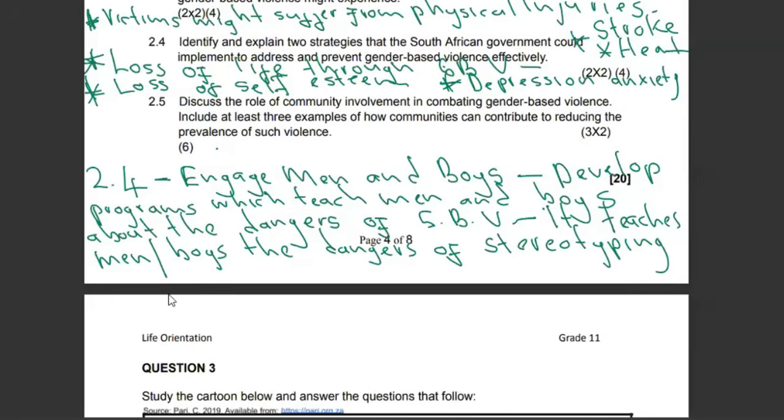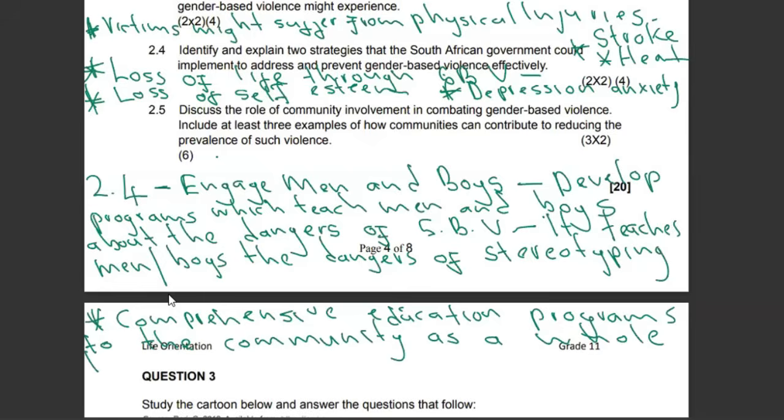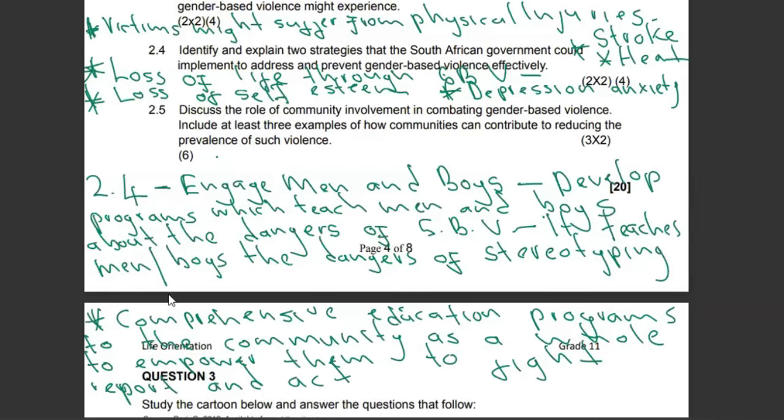Then in addition to that, we can also provide comprehensive education programs to the community as a whole, to empower them to fight, report, and act against gender-based violence. To fight, report, and act against GBV.